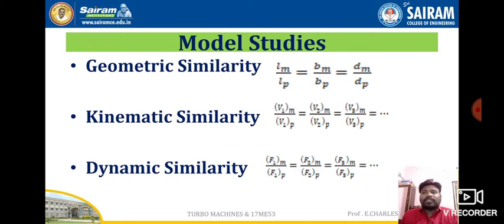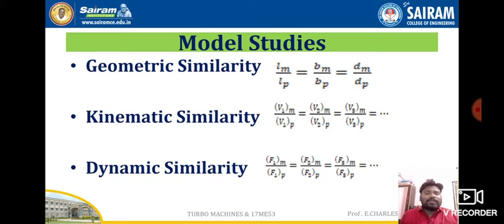Let's see what a geometric similarity is. It is a similarity of form or shape. Geometry is shape. The model and prototype are said to be geometrically similar if the ratios of all corresponding linear dimensions of the systems are equal at all points. That is nothing but geometric similarity. For example, there is a model and a prototype.